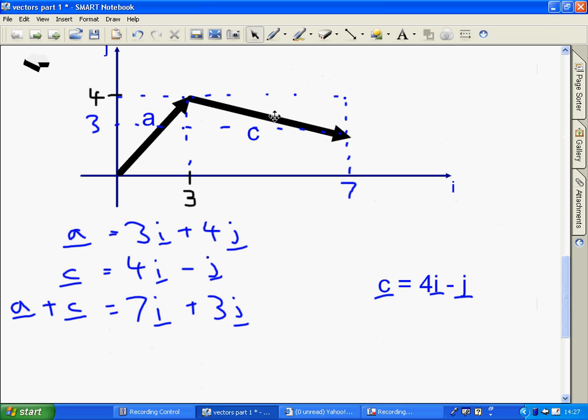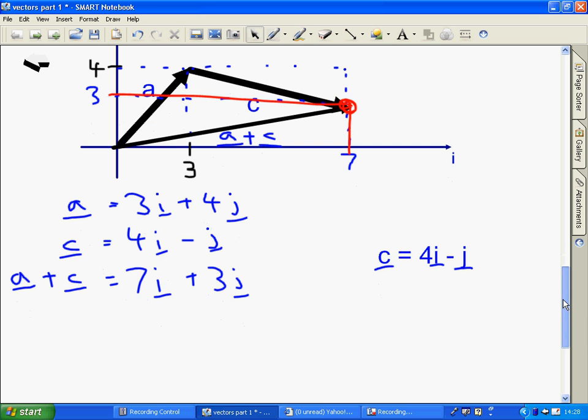And if we check on the diagram, the vector A plus C is actually here, isn't it? A plus C, and that is at 7i 3j.